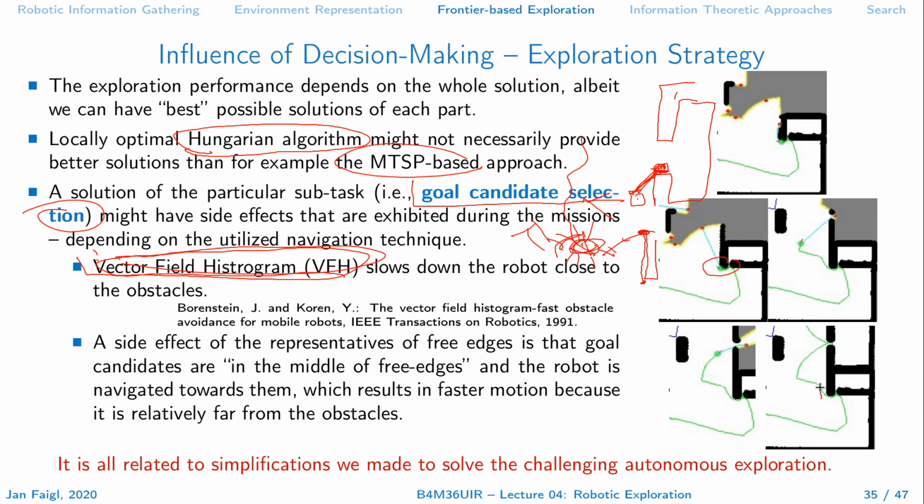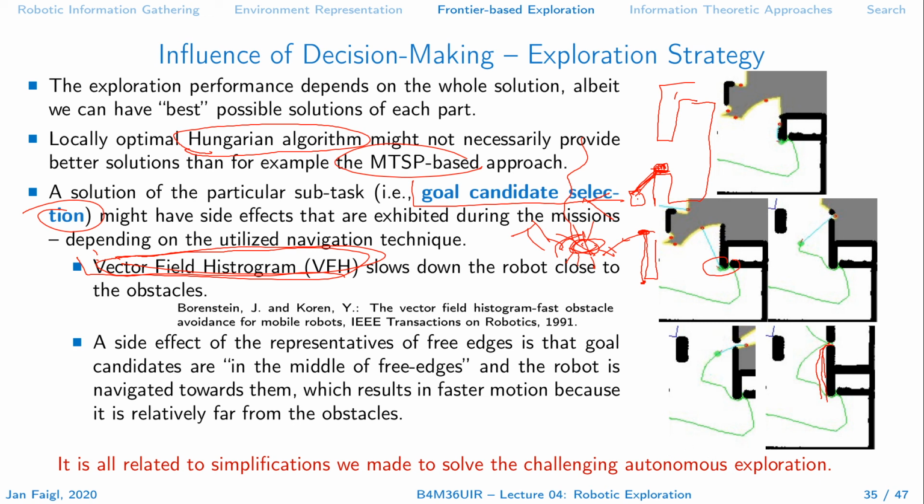So if you navigate the robot like this or like this or like this, then the real velocity of the robot will be different, and that may significantly affect the real-time performance.